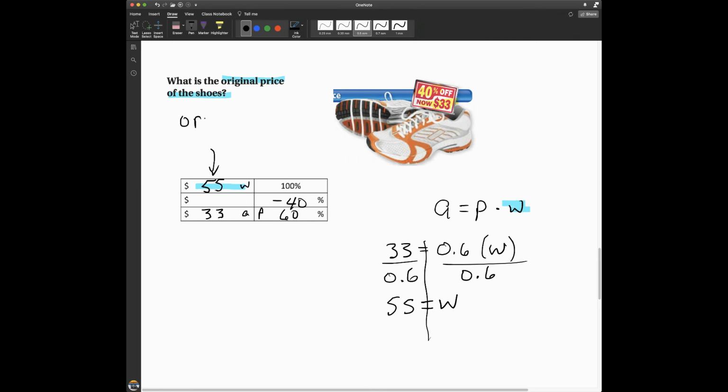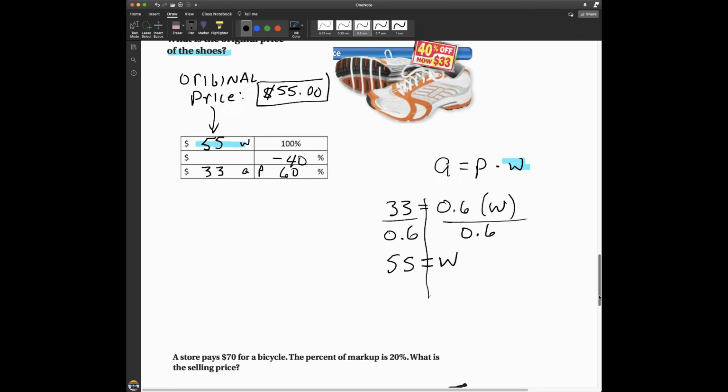So this is the original price. Whoops, that's a mess right there. Let's fix that. $55. All right, so that's the original price, and sometimes we want to figure that out. Okay, so those are discount problems.